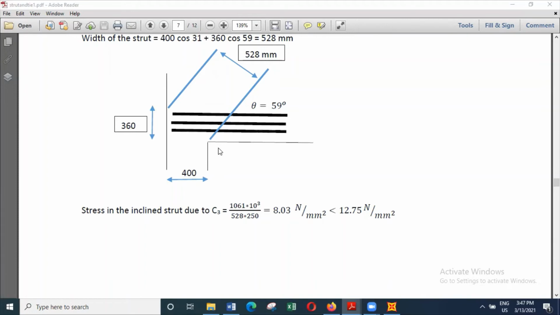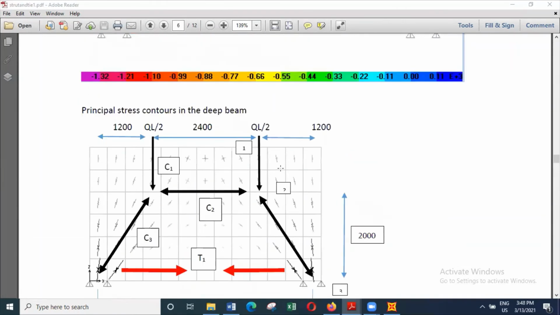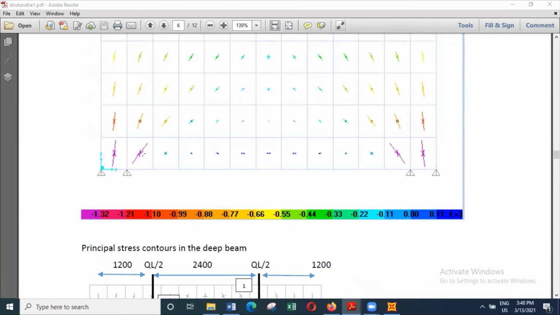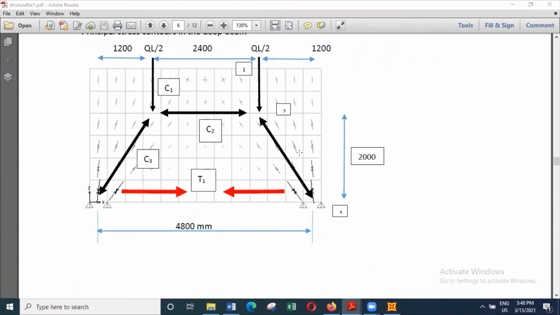What actually happens is the loads in the wall will be transferred to the supports with deep beam action, as inclined loads, creating a strut in the beam. And you have to make sure this strut will not fail by crushing of concrete. That's why you have to perform a calculation like this.